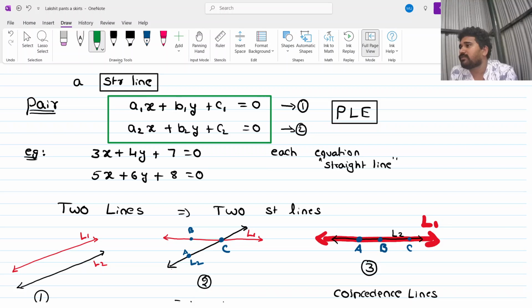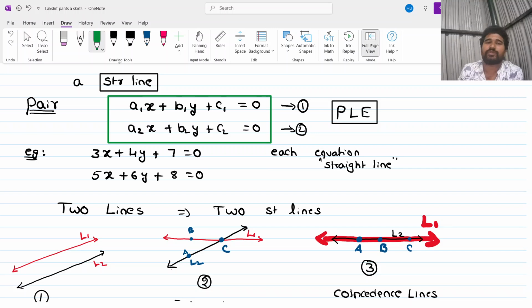What is a1? Coefficient of x. What is b1? Coefficient of y. c1 is the constant. What is a2? b2? What is c2? Correct?